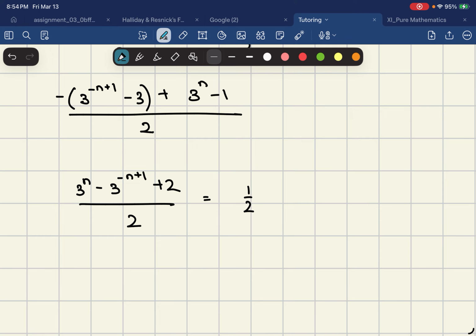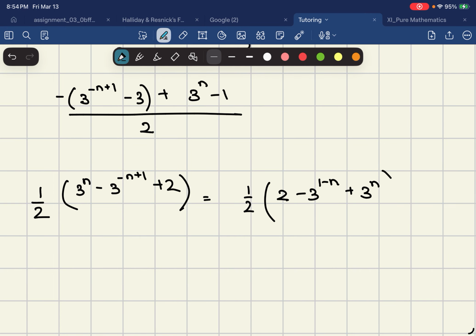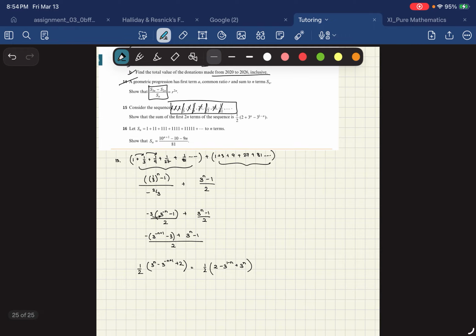Because it's a half, I write half outside. I have 2, I have 3 to the power minus n plus 1, which is just 1 minus n. It's the same thing. Plus 3 to the power n. And that is, I think, exactly what the question has. So I have half, 2, minus 3 to the power 1 minus n, and I have 3 to the power n. All right, so we have shown this. So you can check.